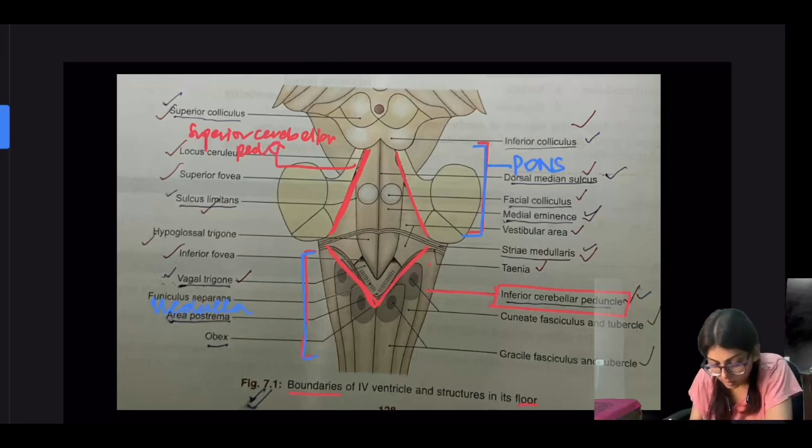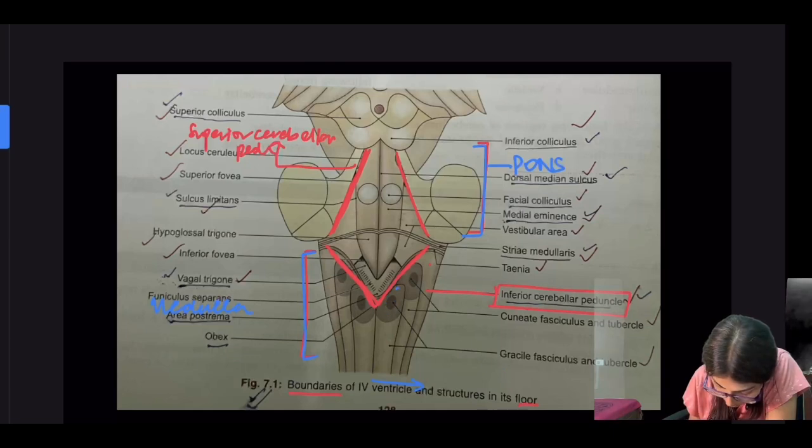In the medulla, when we go from medial to lateral, this is our gracile fasciculus, and the upper part is the gracile tubercle. In the same way, this is our cuneate fasciculus, and the upper part is the cuneate tubercle, and the lateral-most part is the inferior cerebellar peduncle.